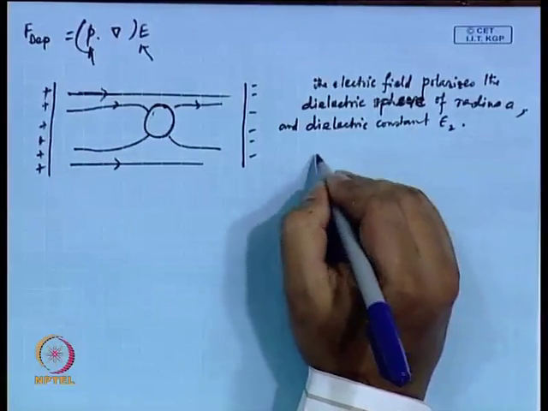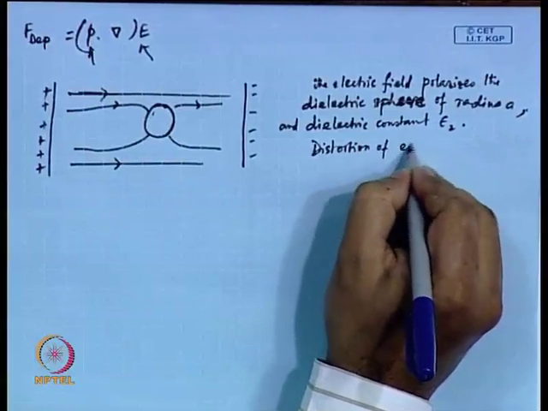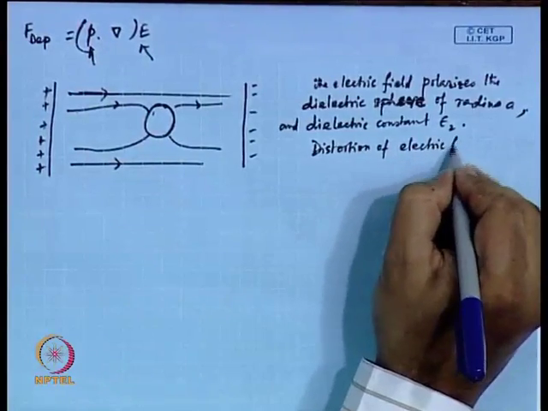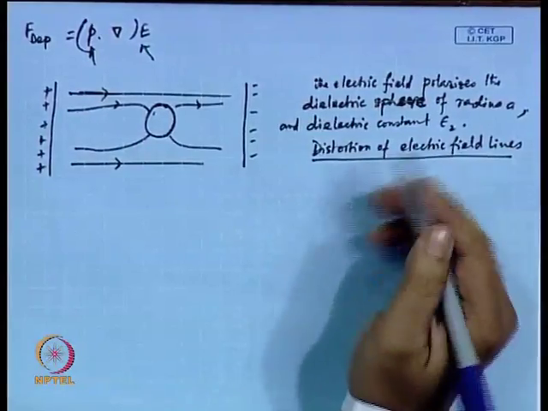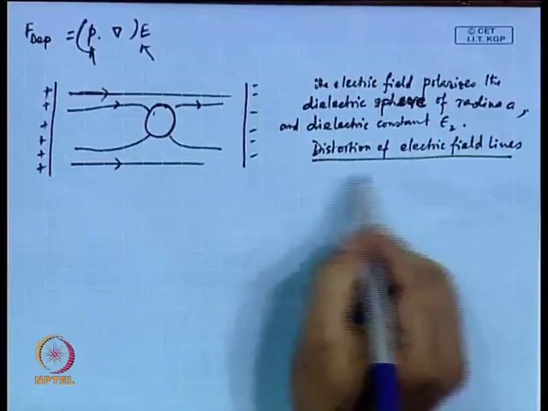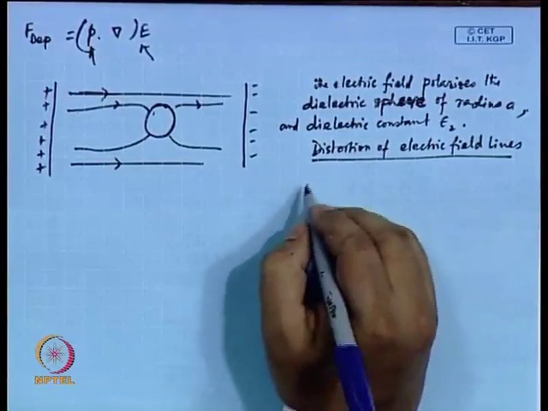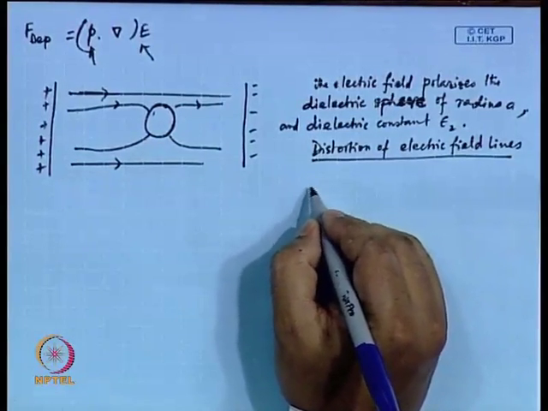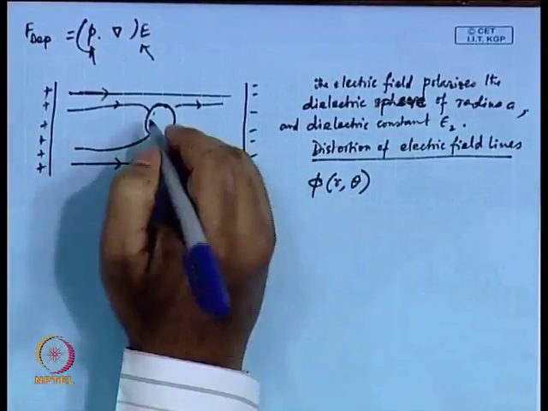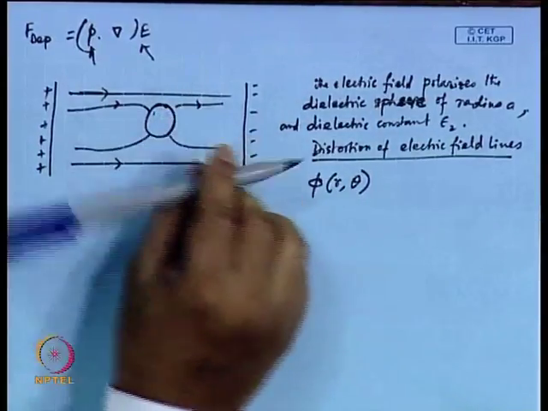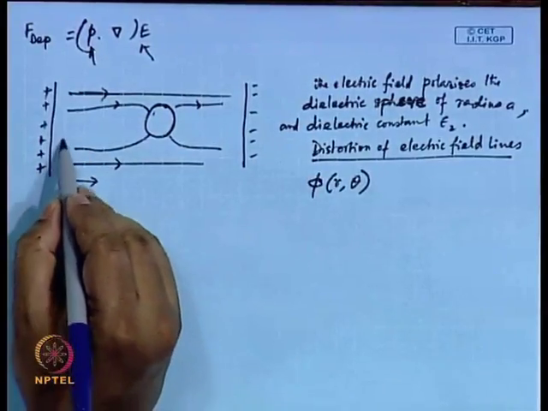Now, there will be distortion of electric field lines, and if somebody wants to theorize or simulate this distortion, what he has to note here is the potential phi in r theta coordinates. Originally we had a coordinate system where this direction is x and this direction is z.